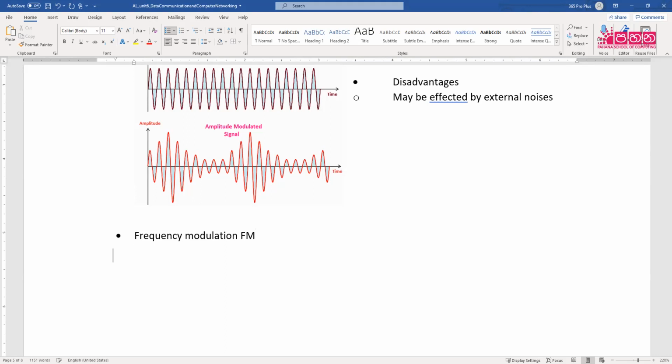Frequency modulation, as the name says, what will happen? We modulate using the frequencies.